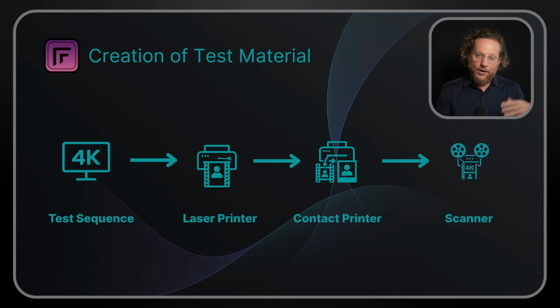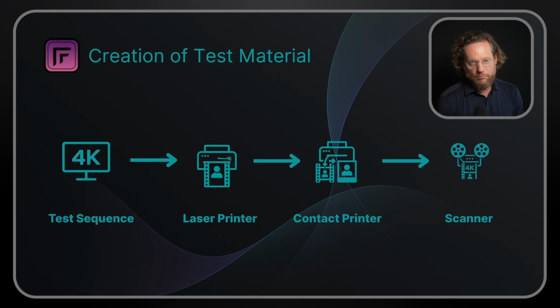Then we were very adamant that we wanted to use contact printers to transfer them to film print, because of all the optical elements and everything that happens in that process. And then we use a film scanner to scan that film print and send it back for image analysis. So that was the process that we started with.